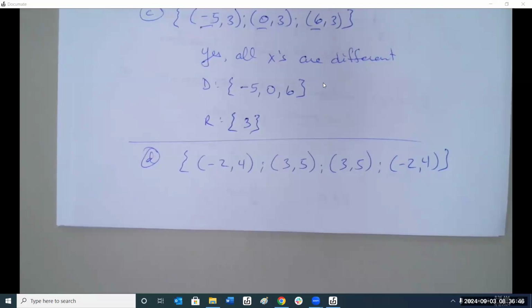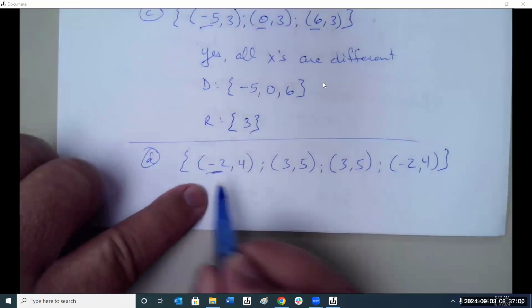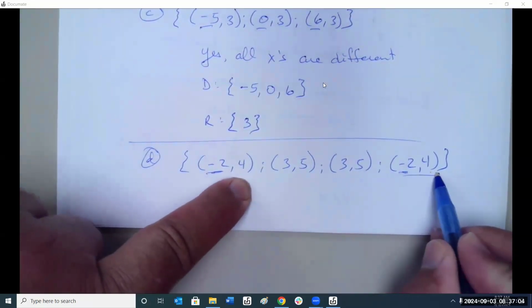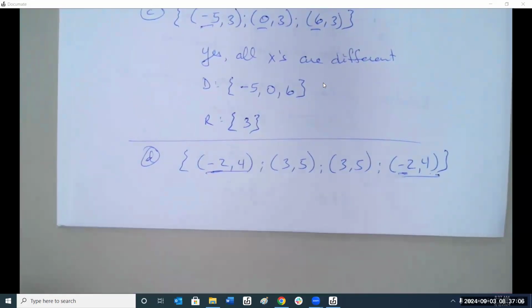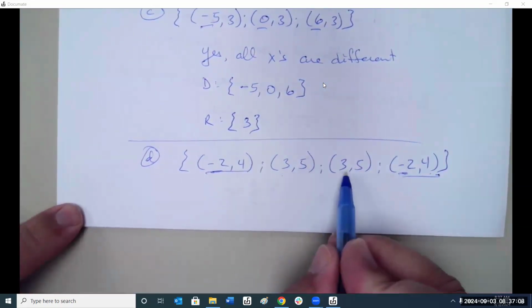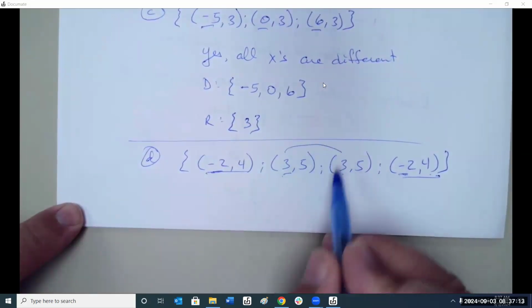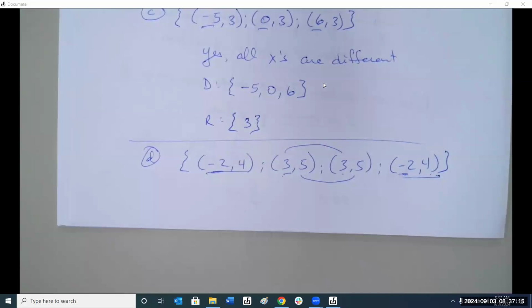Function or not? Yes, it is. Here's -2, and here's -2. Are they the same y values? So it's the same point. Same with the threes. They're both threes. If the x values are the same, the y values better be the same. It's the same point.